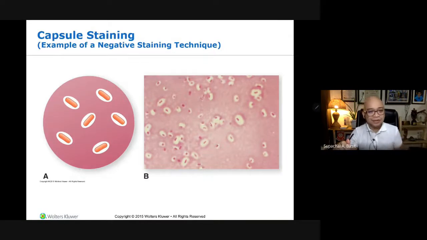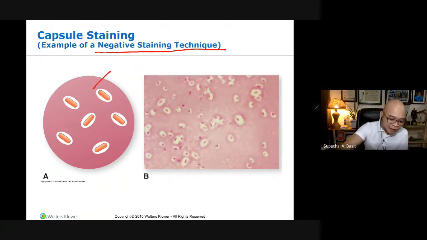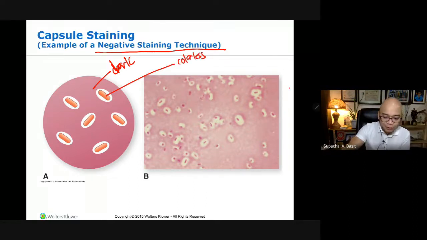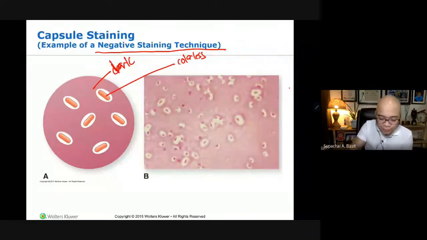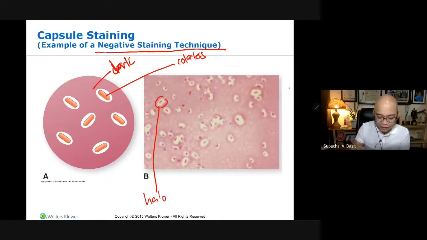This is an example of Klebsiella pneumoniae using a negative staining technique. In negative staining, the background is dark and the organisms, or the capsule, are colorless. How would you know if it's a capsule? You'd be able to see a halo surrounding the bacteria.